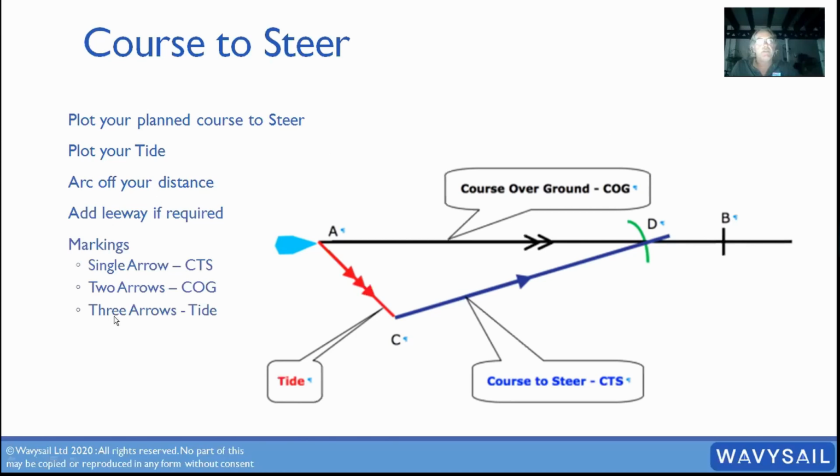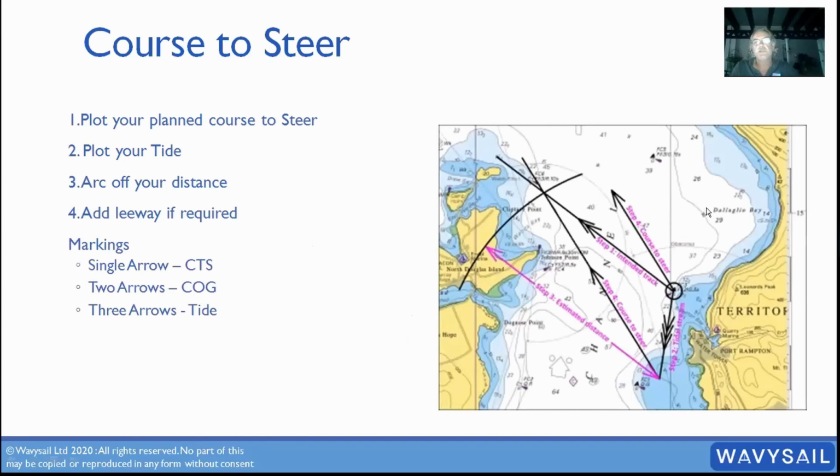Okay? So as I said, single arrow, that's your heading. That's your course to steer. That's what you're pointing the boat at. 2 arrows, that's what you're going over the ground. 3 arrows, tide. So it looks like this in the chart. So that's where we're there. There's our course over ground, and we want to go around that island. Okay? That's what the tide's doing to us. It's pushing us south like that.